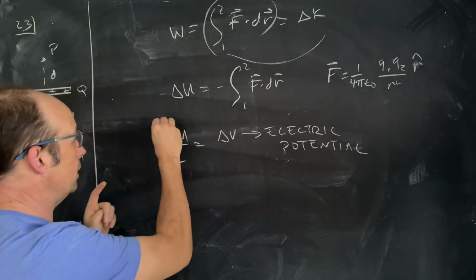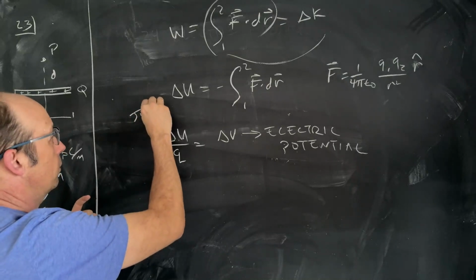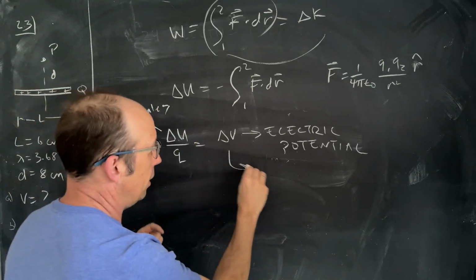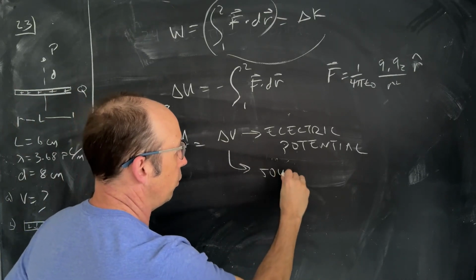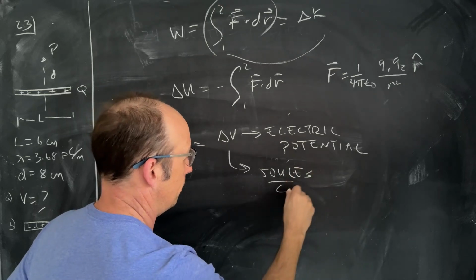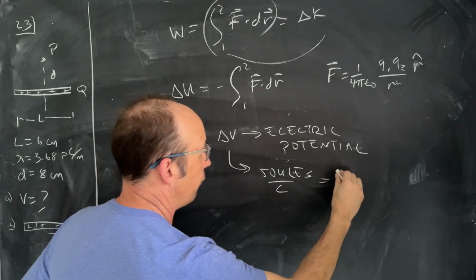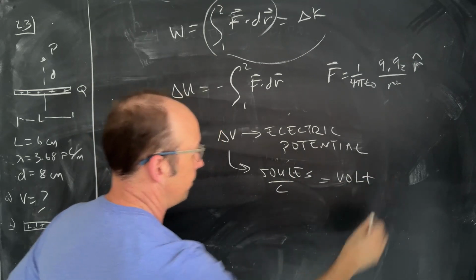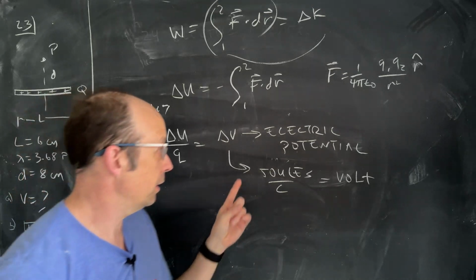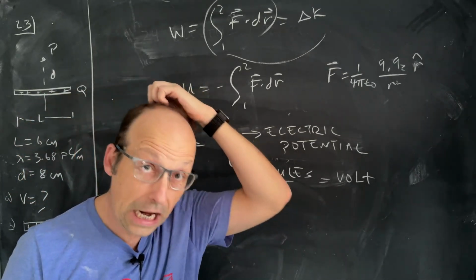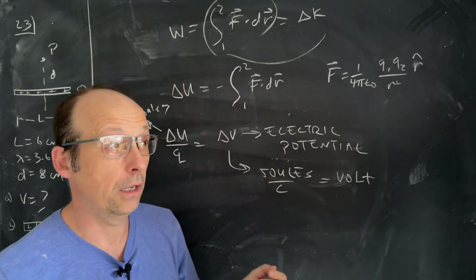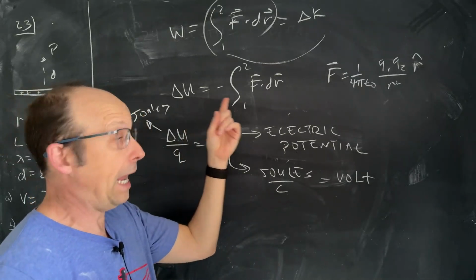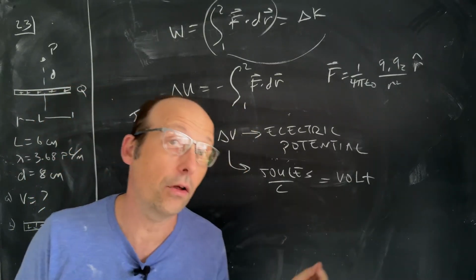Delta U is in units of joules, and delta V is in units of joules per coulomb, or a volt. So the volt is a unit for the change in potential, because it comes from this path integral with points 1 and 2.